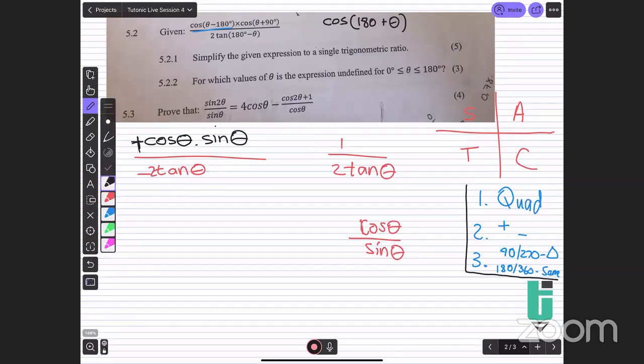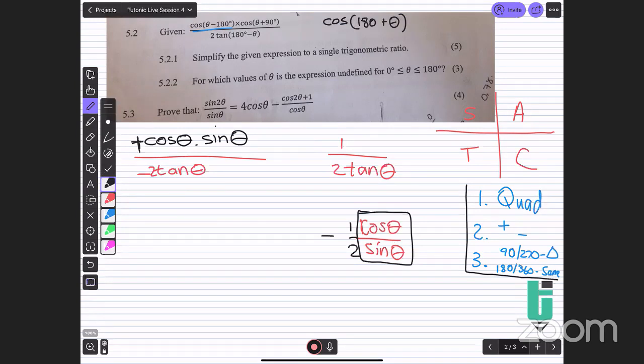So 1 over 2 tan is just going to be cos over 2 sine, because this is just 1 over tan. And here you've got minus. Do we agree? Yes. Okay, so now we just substitute in.